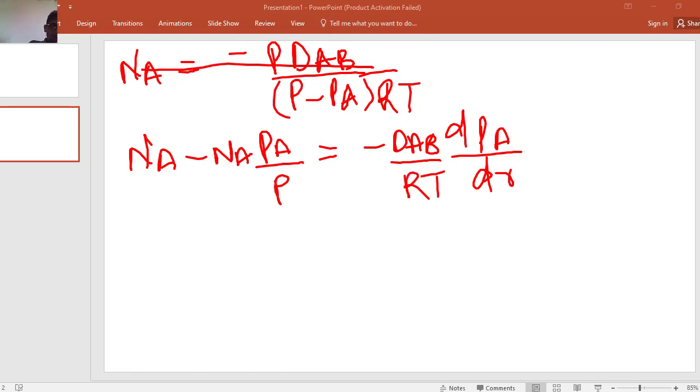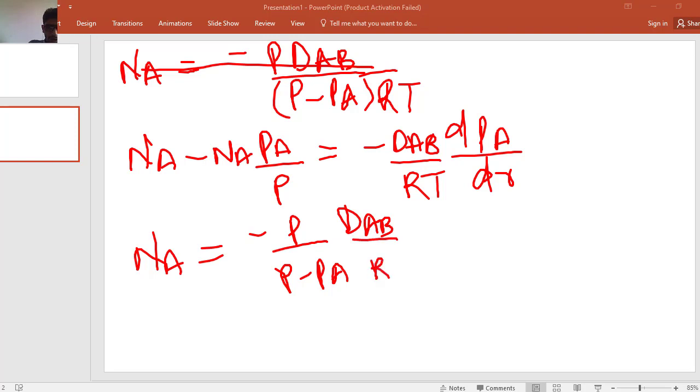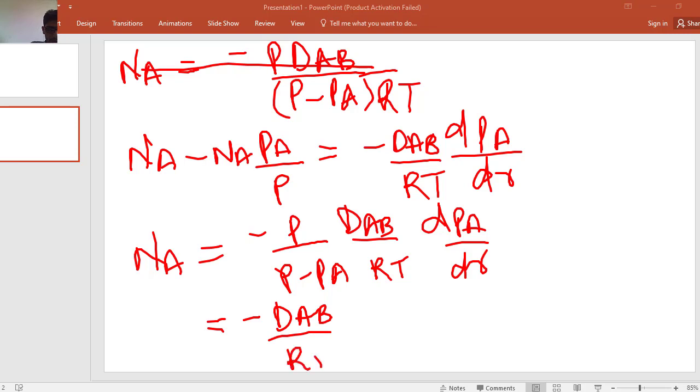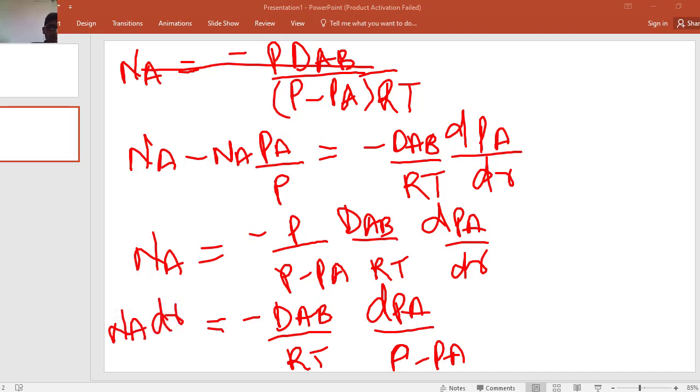So NA is equal to P divided by P minus PA, DAB divided by RT, dPA divided by dr, with a minus sign.